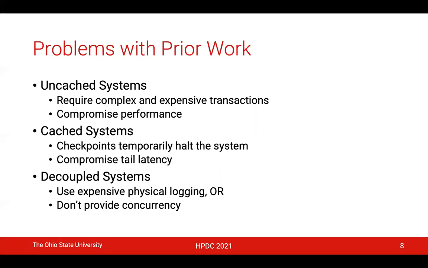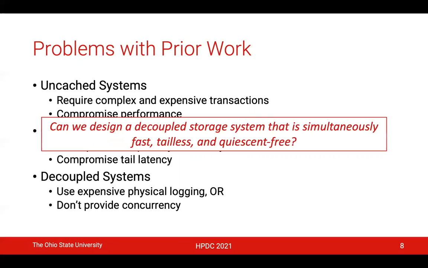And the problem with these systems is that checkpoints temporarily halt the system, which compromises tail latency. Finally, we have decoupled systems which use expensive physical logging, or they don't provide concurrency. Because of these issues, we asked the question: can we design a decoupled storage system that is simultaneously fast, tailless, and quiescent-free?